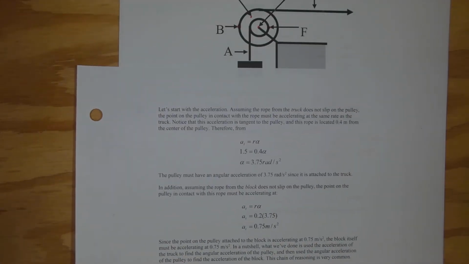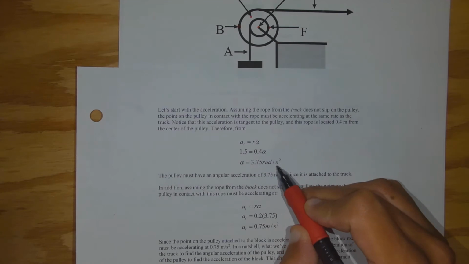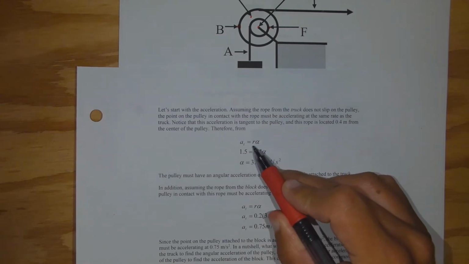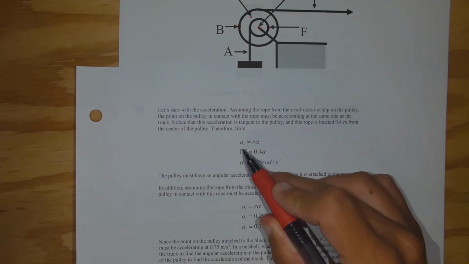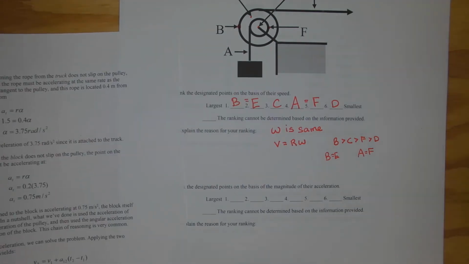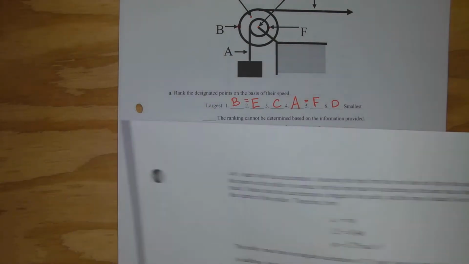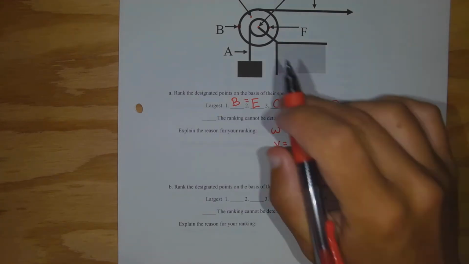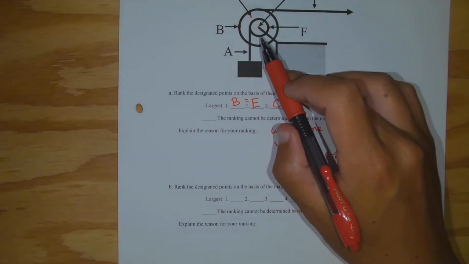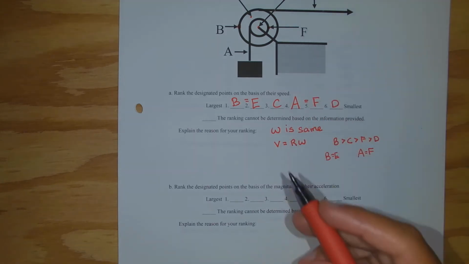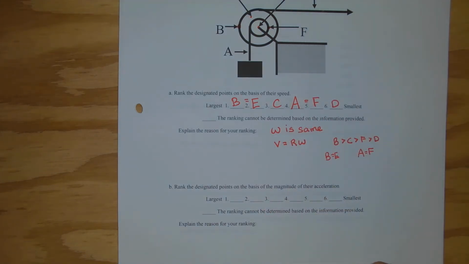So the angular acceleration has units of radians per second squared, so I have to multiply it by something that has units of meters in order to get acceleration. But this angular acceleration only tells you how the object which is rotating is speeding up or slowing down. And there's another type of acceleration which you can have for circular motion.